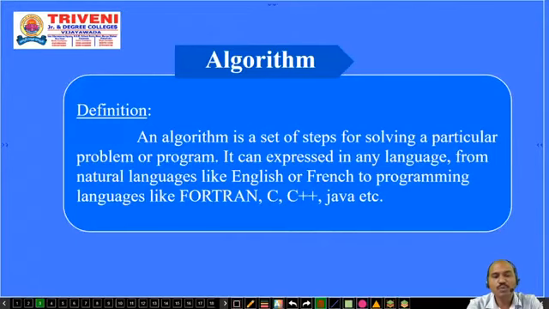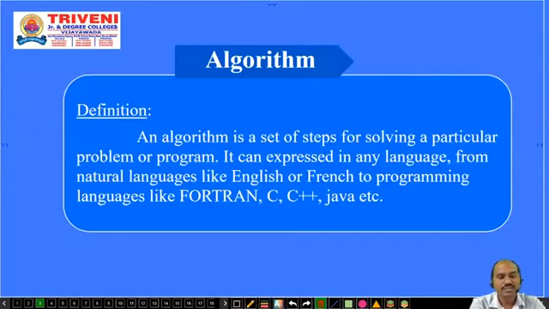We can write the algorithm in a normal language, step by step: first one, second one, third one, executing all the processes. So the algorithm is a step by step process for solving a particular problem. This is the definition of the algorithm.